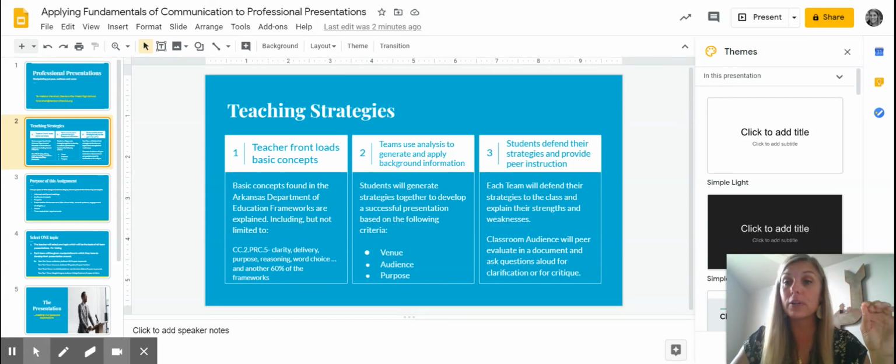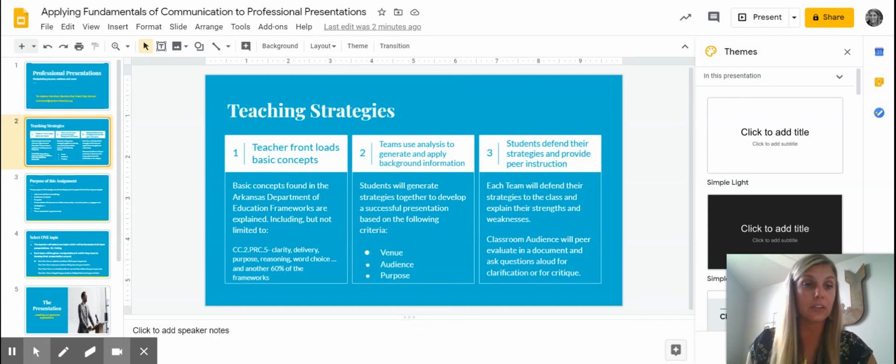Now, the third teaching strategy that's going to come out is as every team watches the other teams, they're going to peer evaluate them. And you'll create a document for them to be able to evaluate each group, but they will also have to defend their own presentation.